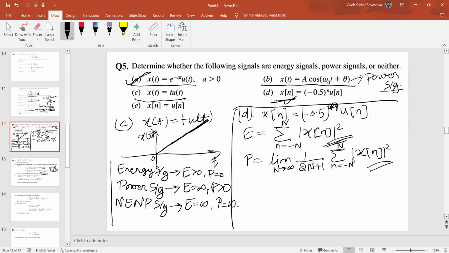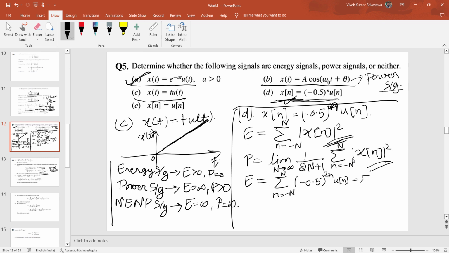Let us use this formula for calculating the energy contained by this signal. Here energy is defined as the summation from minus N to N of minus 0.5 raised to the power 2n into u of n.